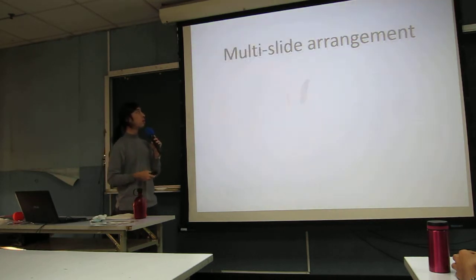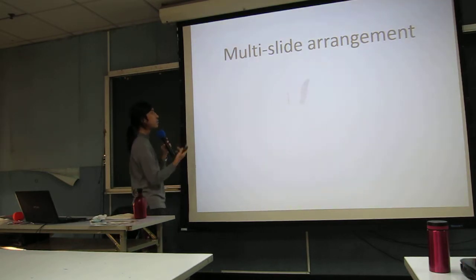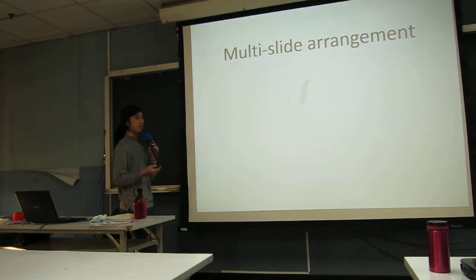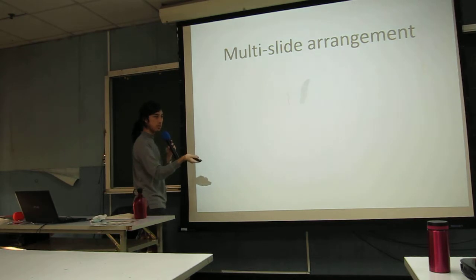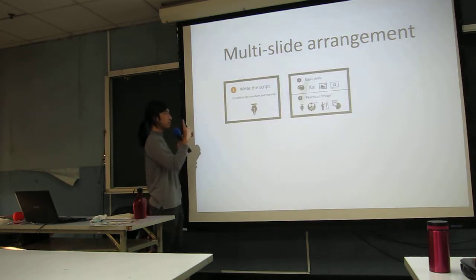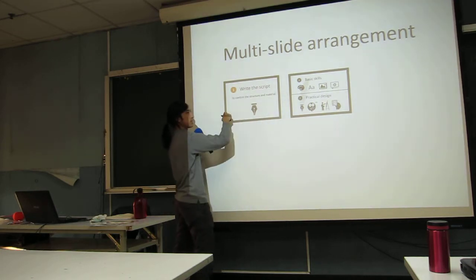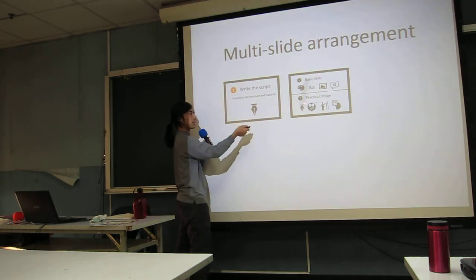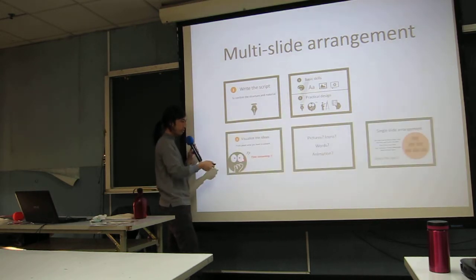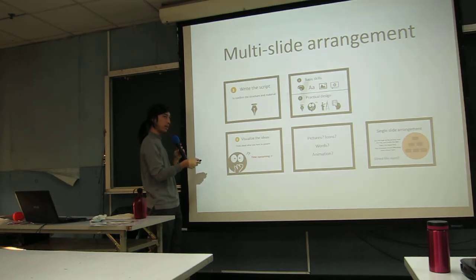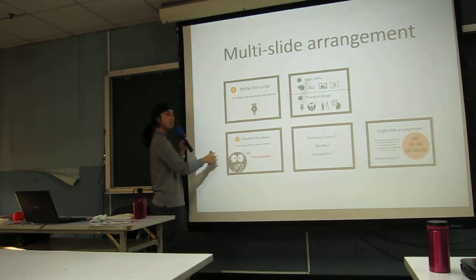And also, when there is not only one slide, I will call it multi-slide arrangement. That will correspond to the structure of your script. For example, first I want to write the script. This is the topic slide, and then I use one slide to explain this idea. And the next part, the topic slide is visualize the idea, and then I use the following slides to explain this idea.